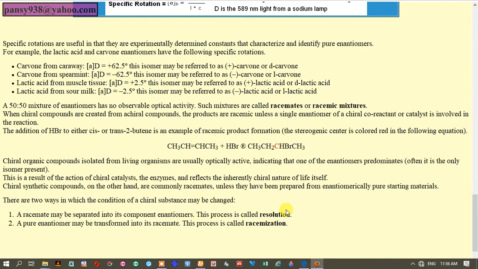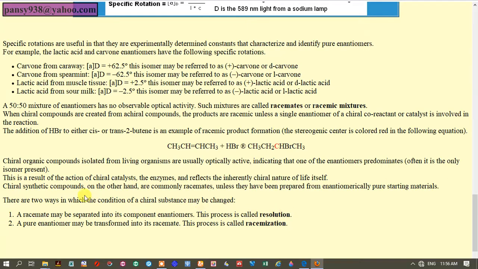These specific rotations are useful because they are determined experimentally and are used to characterize and identify pure enantiomers.